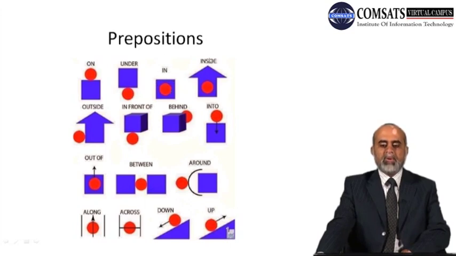Instead of in, we can also say the ball is inside the house, inside the hut. And here we could say the ball is outside the hut, outside the box. The ball is in front of the box. The ball is behind the box.